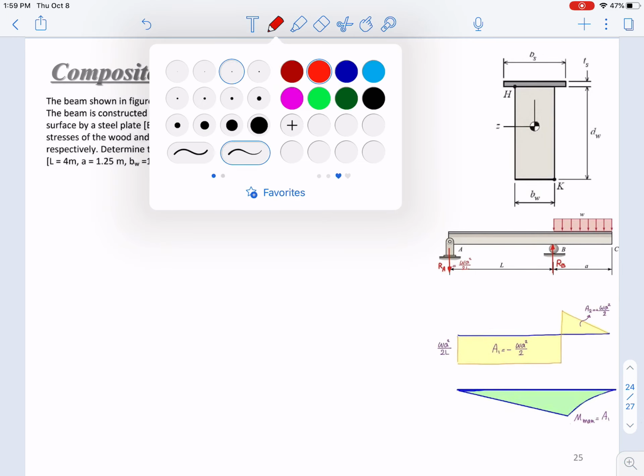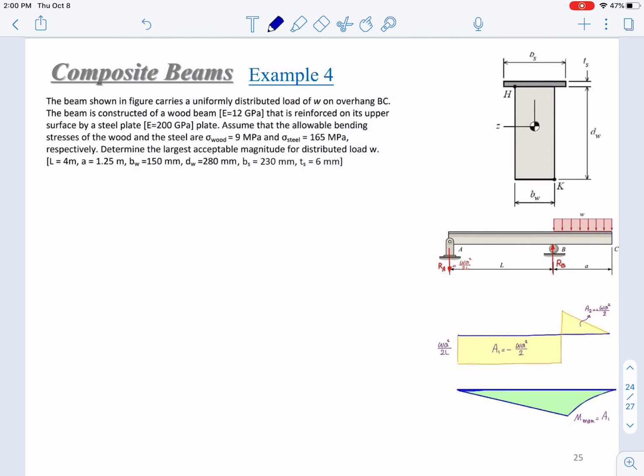Then let's solve it step by step. The first step and second step, I will just skip them. Since this is a simple enough structure, you can do that from the beginning: free body diagram, equilibrium equations to determine reaction forces, then the V diagram, then the M diagram.